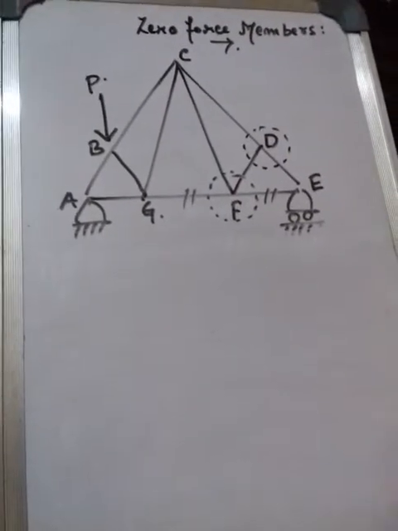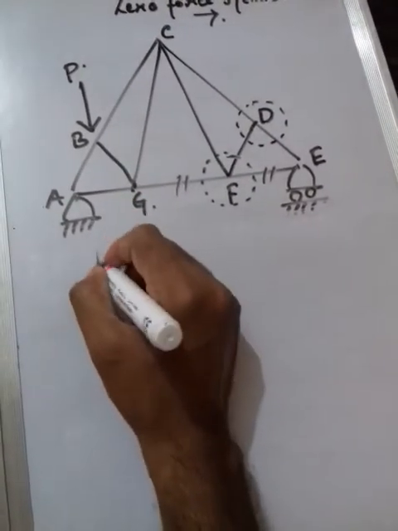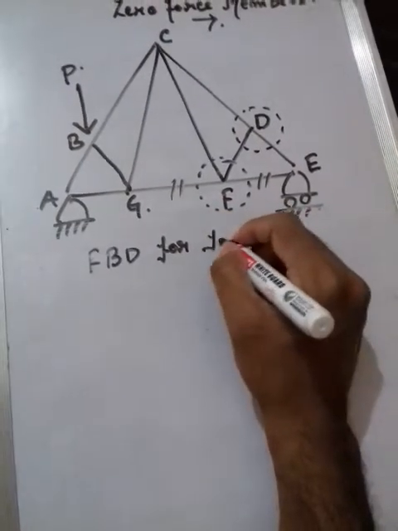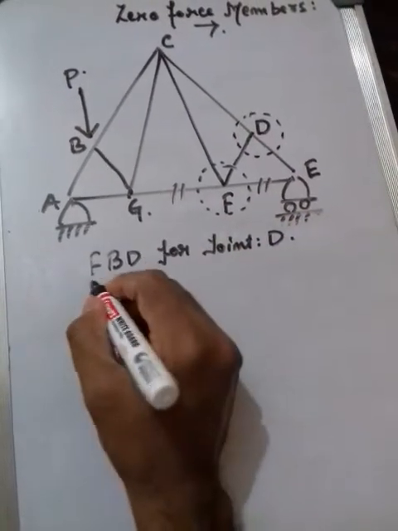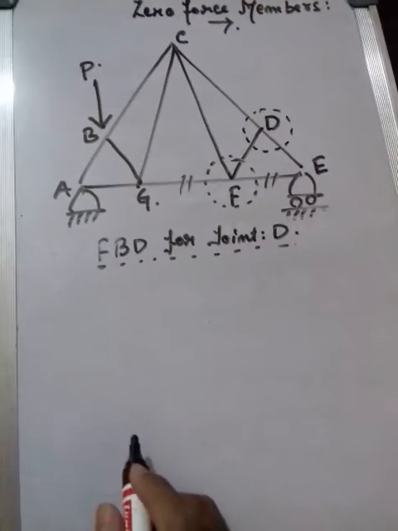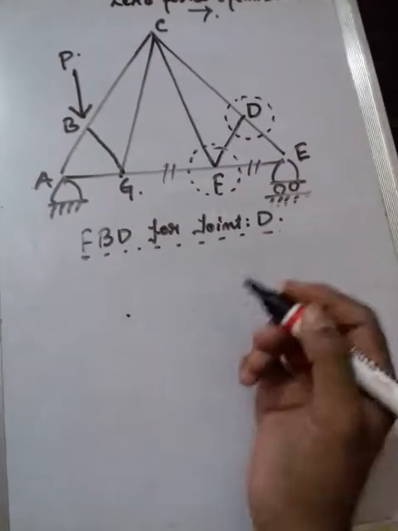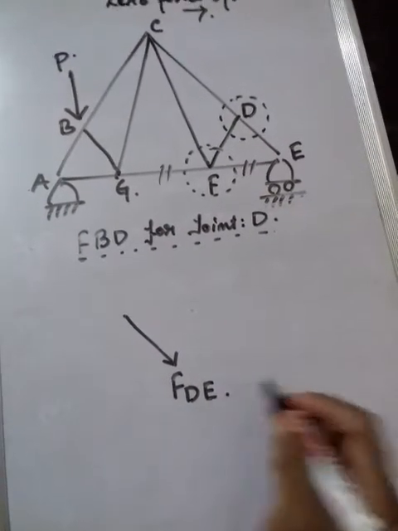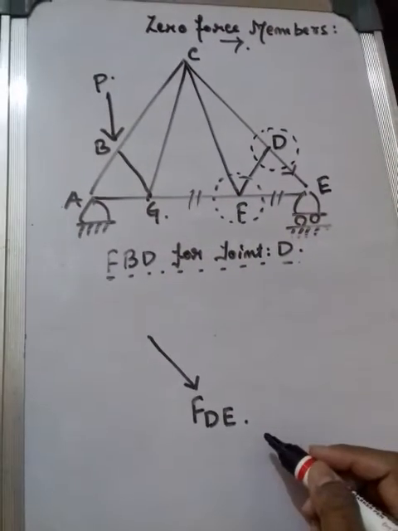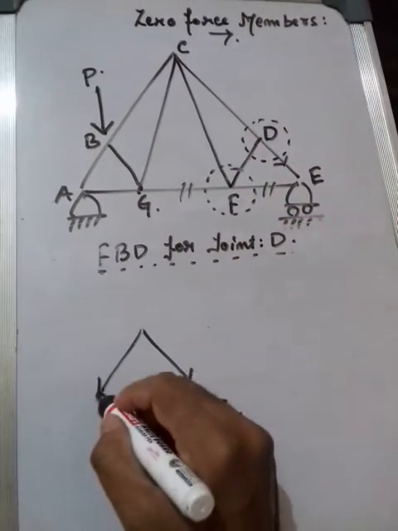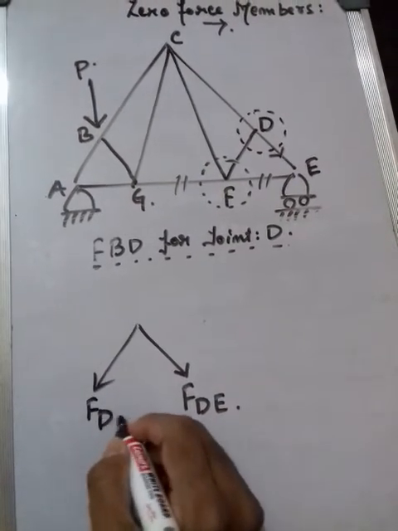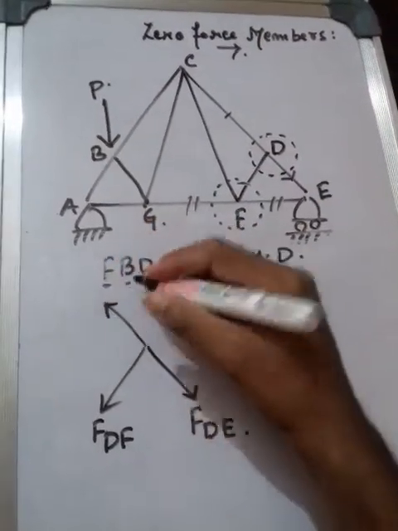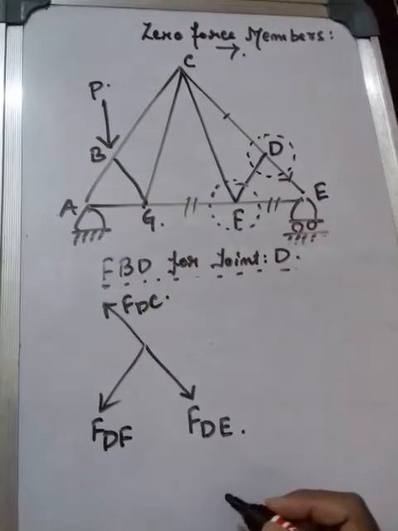Let us draw the free body diagram (FBD) for joint D. This is force DE, this is DF, and this component is DC.